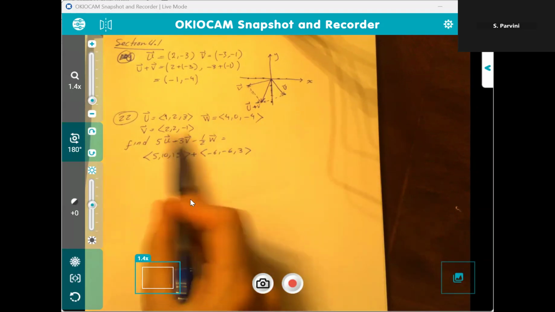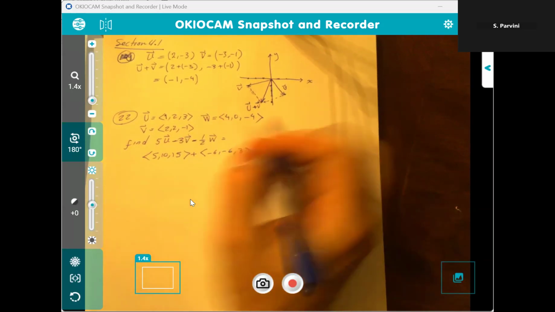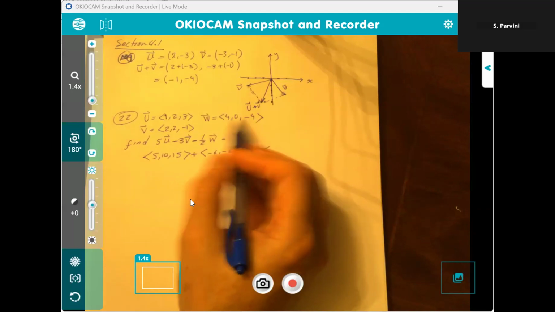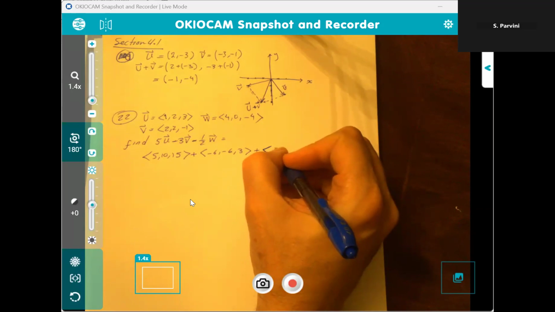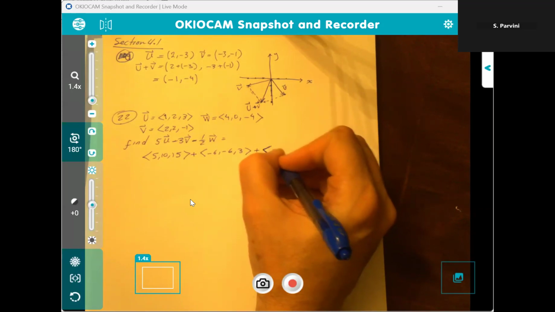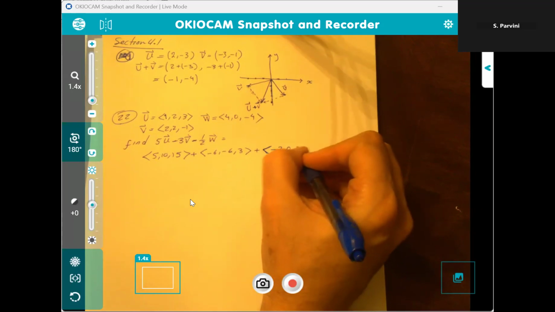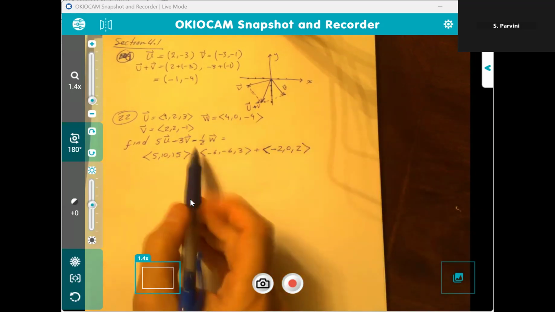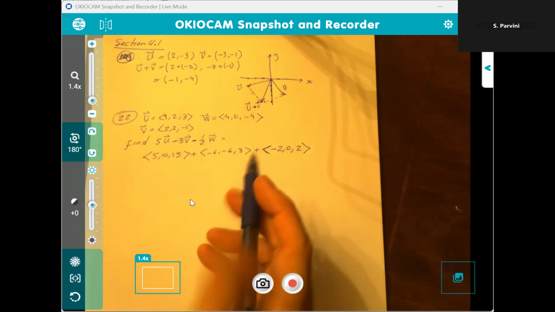Okay, that's negative 3v. And then negative 1/2, that's going to be plus negative 1/2 times w. So you're going to divide everything by negative 2 for w. So it's going to be negative 2, 0, and 2, right? To multiply by negative a half is to divide by negative 2.